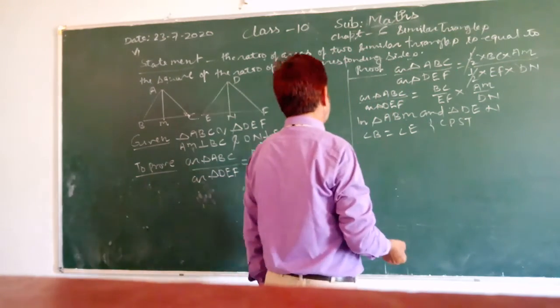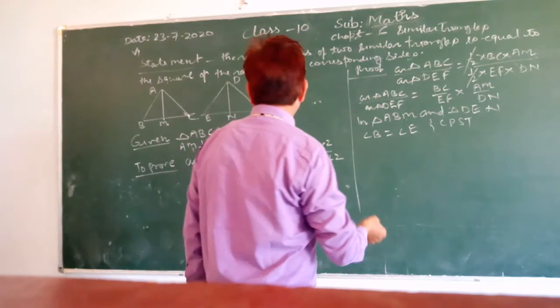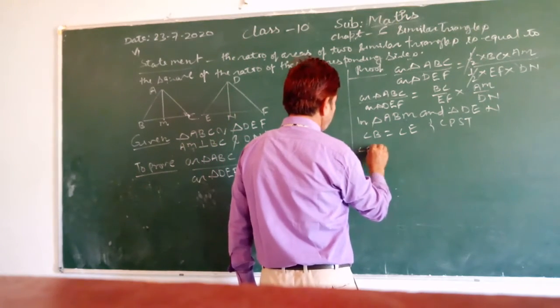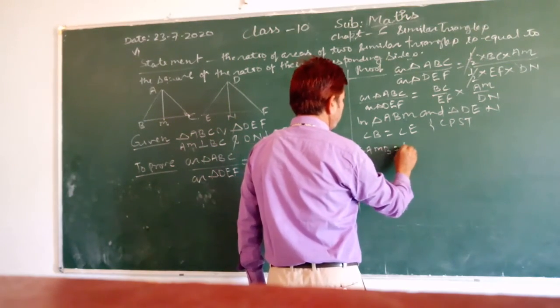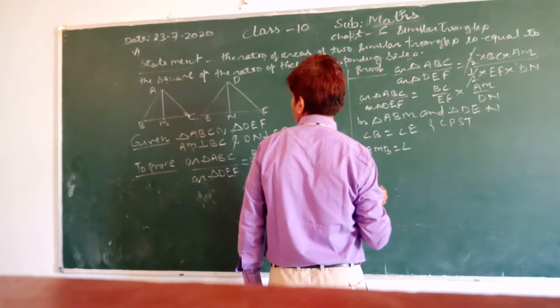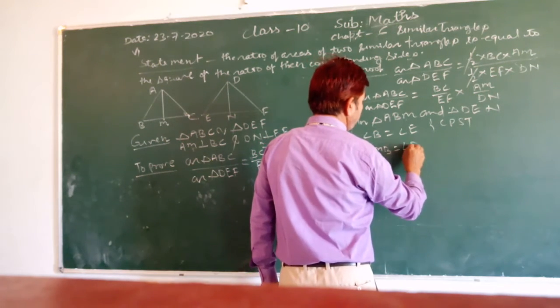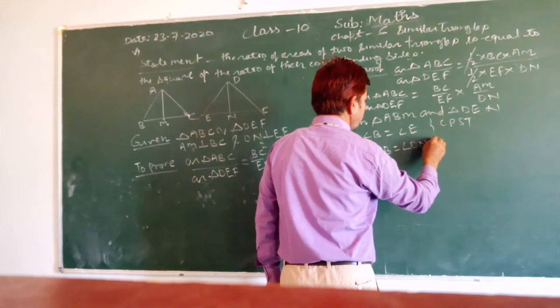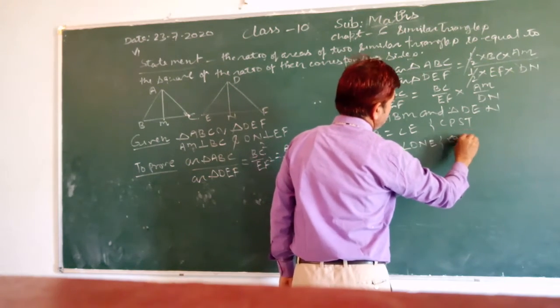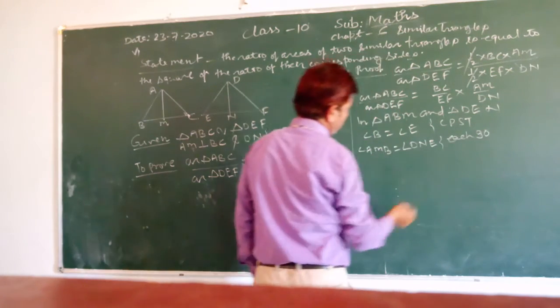Angle AMB is equal to angle DNE, each 90 degrees.